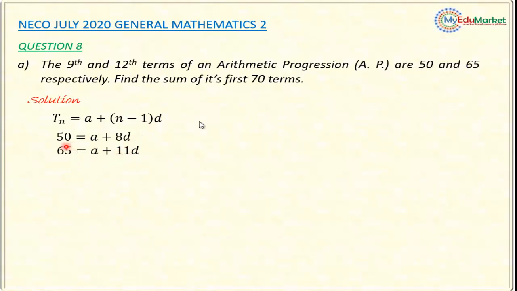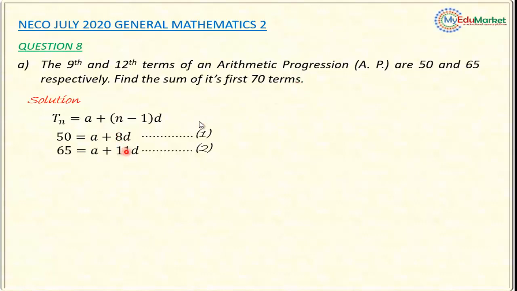These are two equations in terms of a and d, which I call equation 1 and equation 2. I'm going to solve them simultaneously so that I can get my a and my d, then go back and find the sum of its first 70 terms.